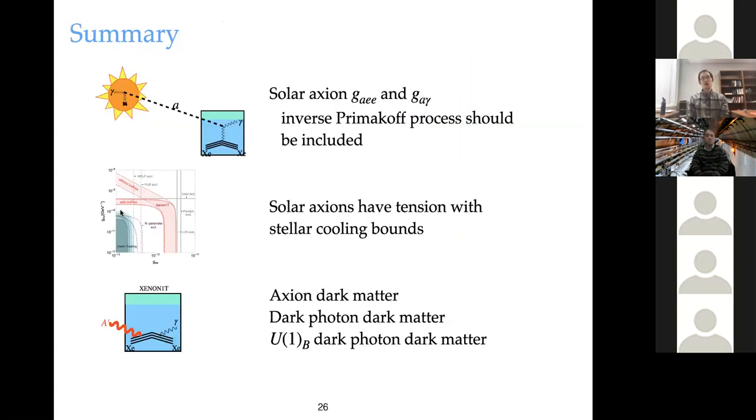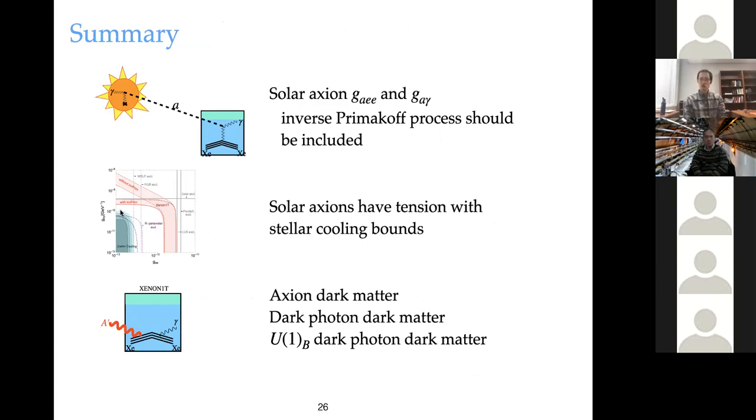Okay, let me summarize this part. For solar axions, we have g_aee and g_a-gamma, the two couplings we need to consider to explain the Xenon one-ton excess. The inverse Primakoff in the detector should be included, and even when we include it, we still suffer from the solar axion stellar cooling bound.